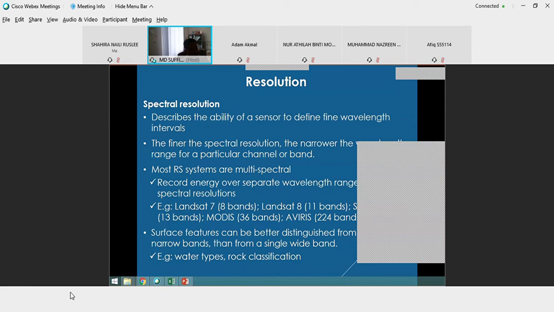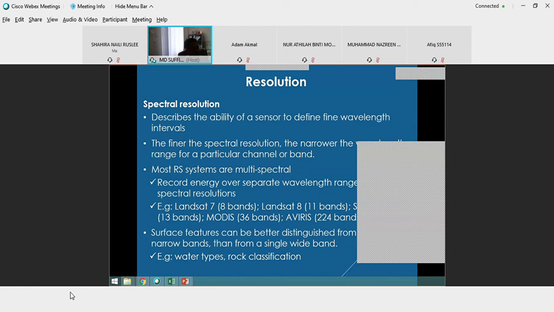Kalau blue band tu biasanya kita ambil daripada 400 katakan sehingga 420. The narrower the spectral band, bermaksud bahawa satellite tu boleh identify different information.